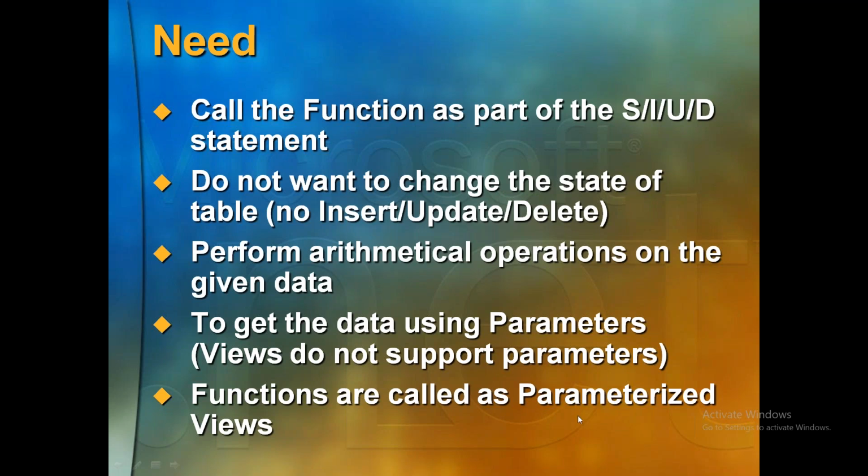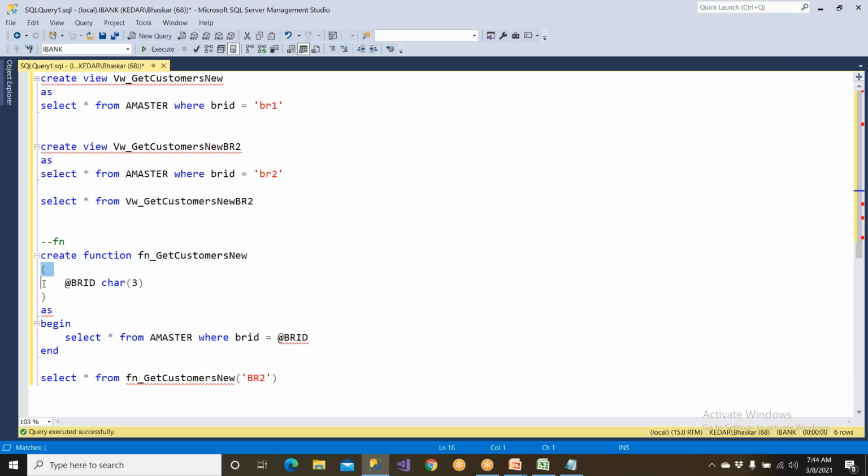A view will have a select statement, and even a function will have a select statement. A view can be called as part of select, and a function also can be called as part of select. The only extra thing is that we are adding a parameter. So this is the extra thing in the function, and you have one query. That's it. A query can be given as part of views or functions as well, right?